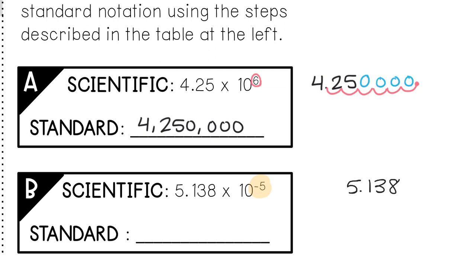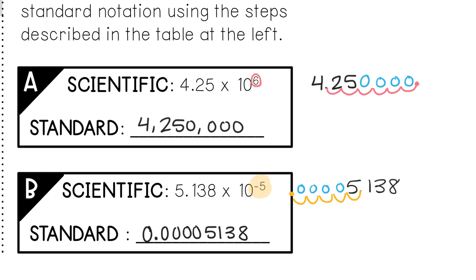Now I'm moving my decimal to the left because the exponent is negative. And again, I'm going to add placeholders wherever there's an empty space. So my new number is 0.00005138.